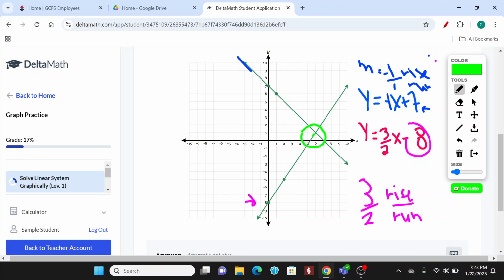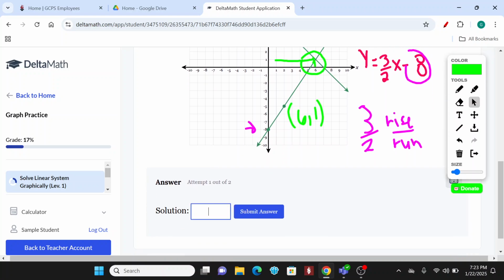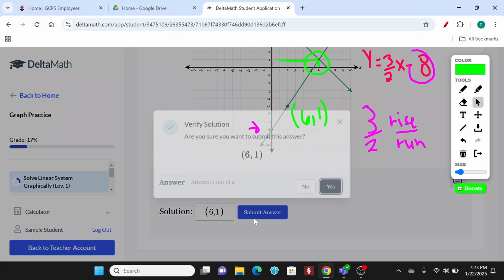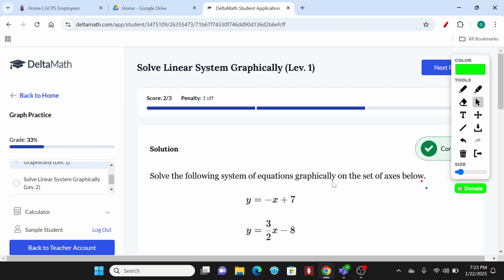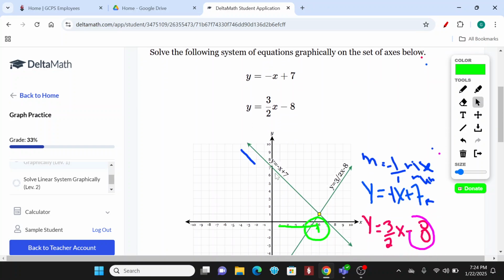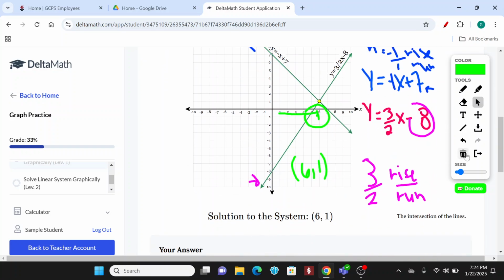So our solution, if you go down, x is 6, and then our y is 1. And that's the solution. So if we go down, we can type in our box 6, 1, submit answer, yes. And we got it correct. So that's the first part. That's level 1 graphing, okay?